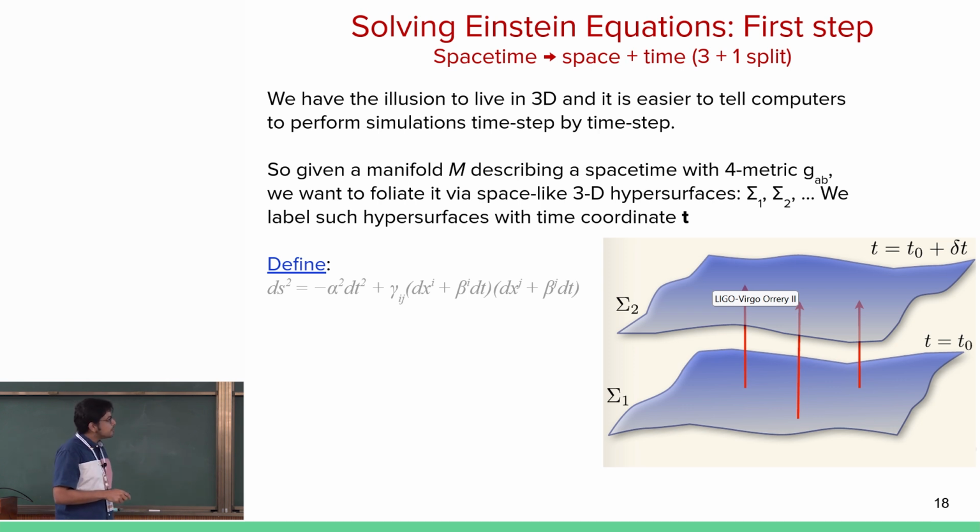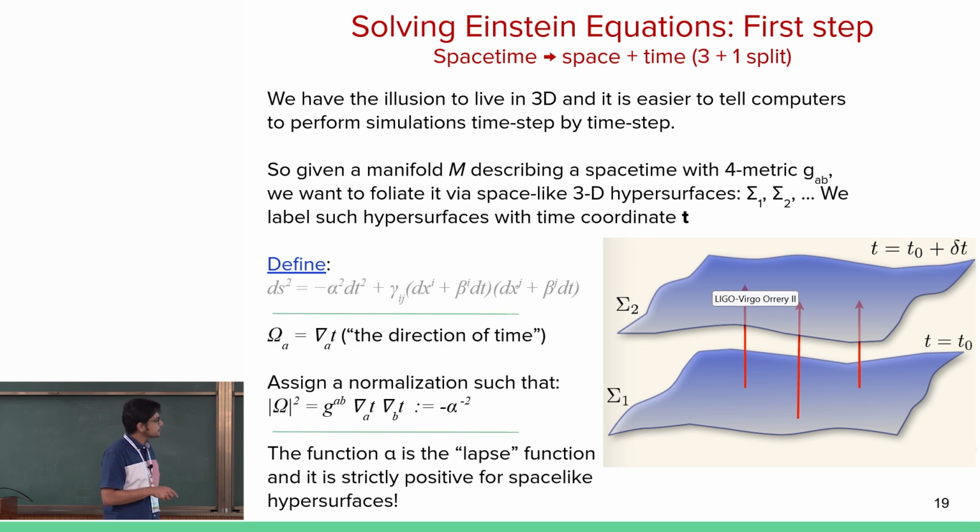So given a manifold, a 4-dimensional manifold, we start by introducing a scalar field which we denote as the time coordinate, and the restriction on that scalar field has to be that level sets of that field make up space-like hypersurfaces, 3-dimensional space-like hypersurfaces in the 4-dimensional space-time.